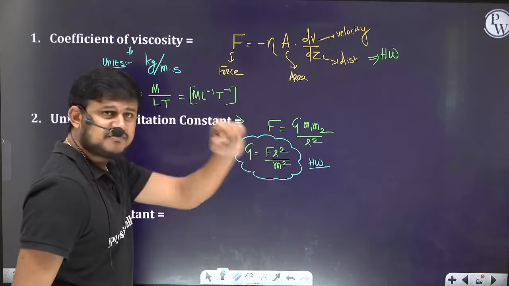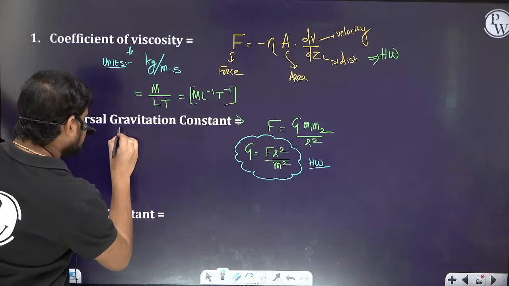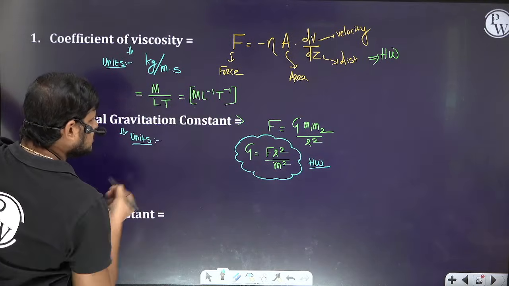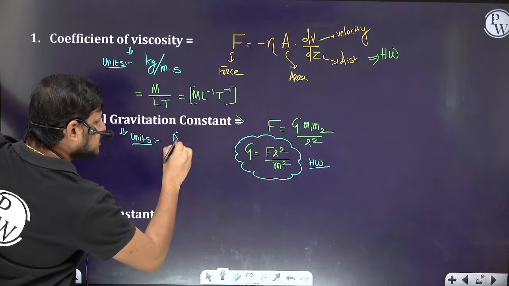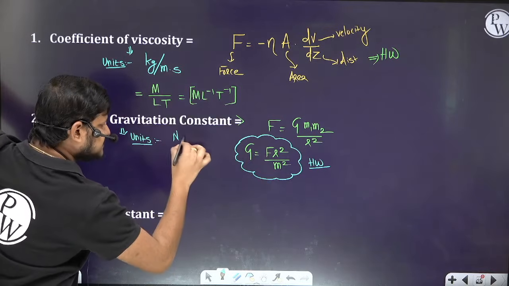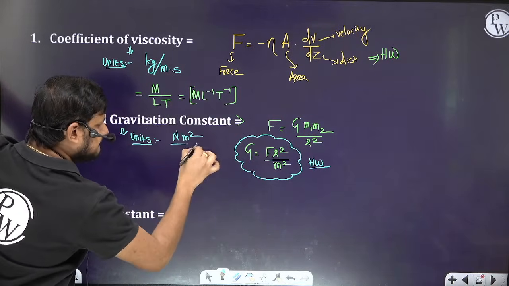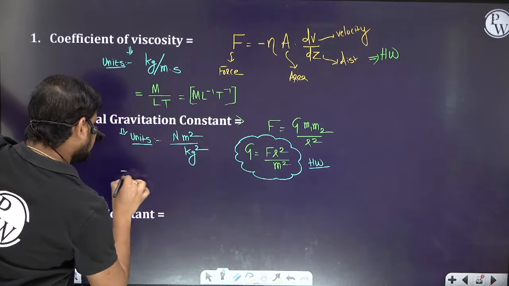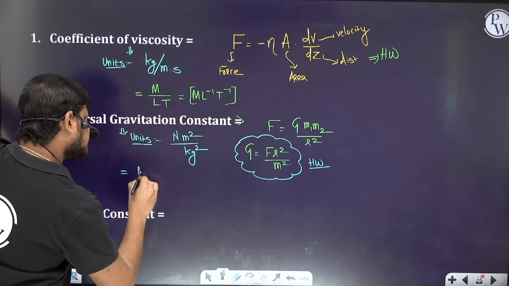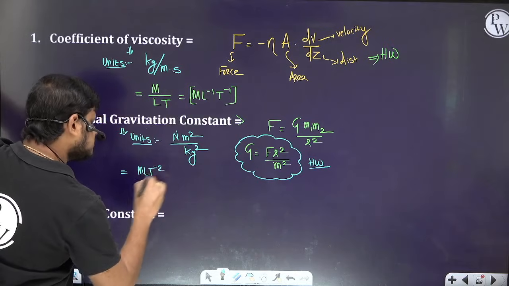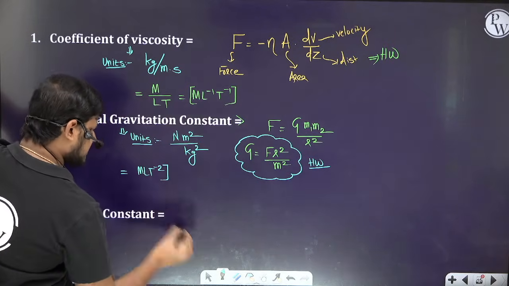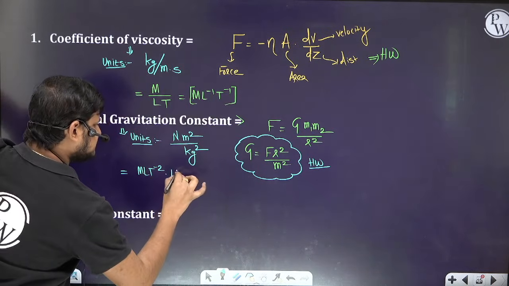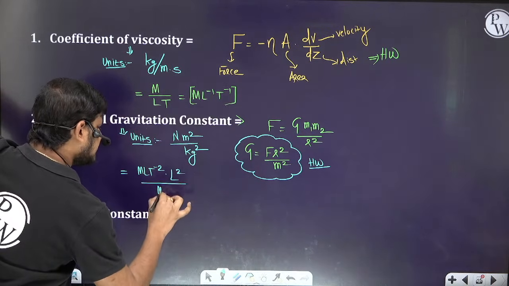Instead of this, by the units method I'll write. Force is measured in Newton, r square is distance square, meter square, divided by mass square, which is kg square. Newton force is nothing but M L T to the power minus 2. Meter square means L square, and kg square is M square.